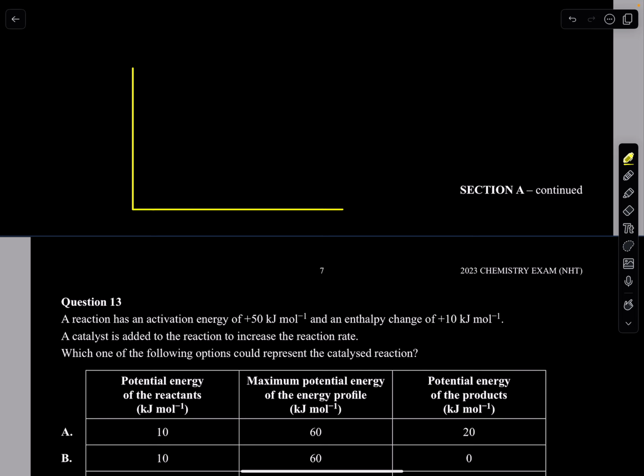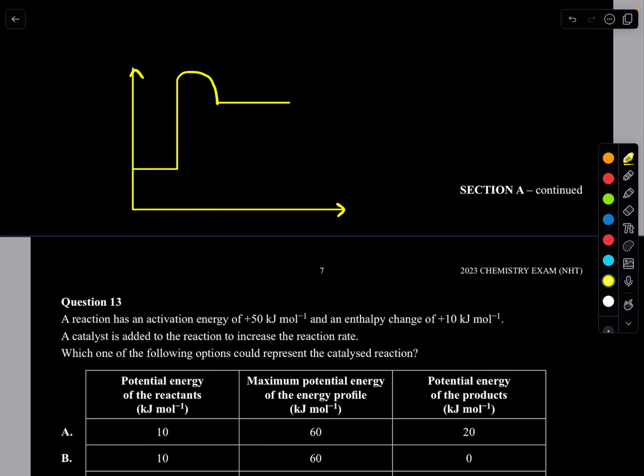So if I draw an energy profile diagram here, we know it's endothermic because the enthalpy change is positive, meaning that it's going from low to high. Beautiful. Now, we know that the enthalpy change is 10, which means the distance from here to here is 10.